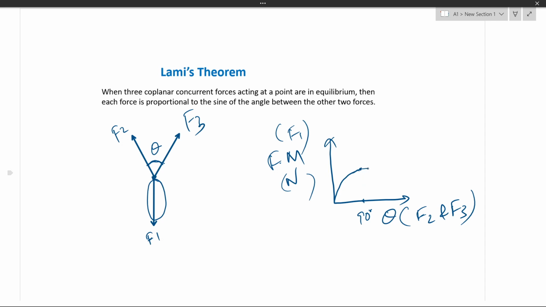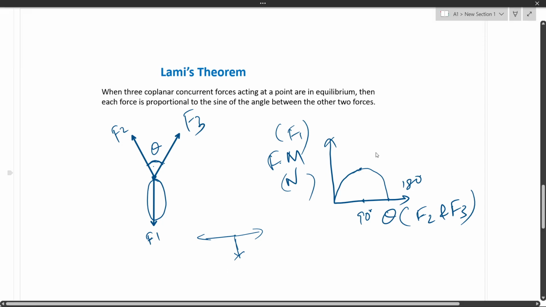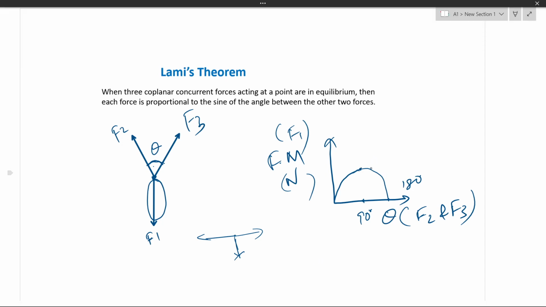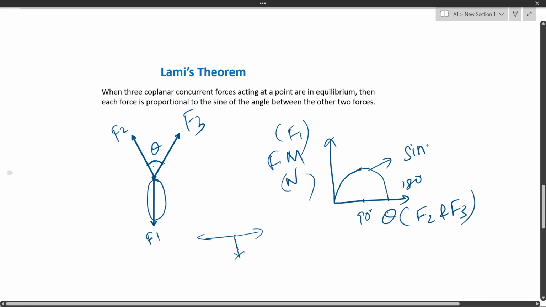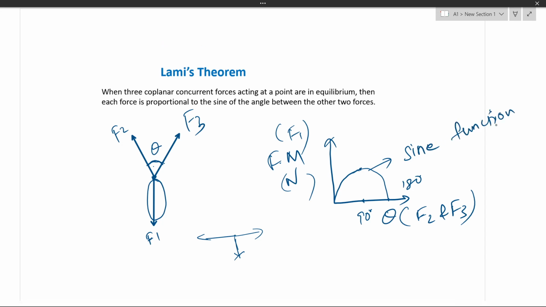After 90 degrees it starts decreasing until it reaches 180 degrees. The force keeps decreasing. It's more like a sine function. So this is what Lami found.